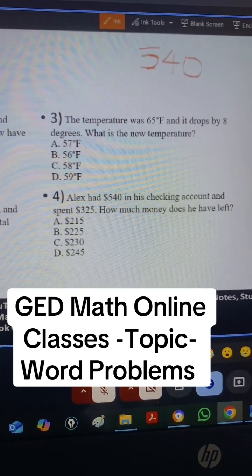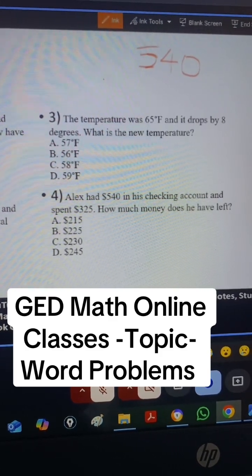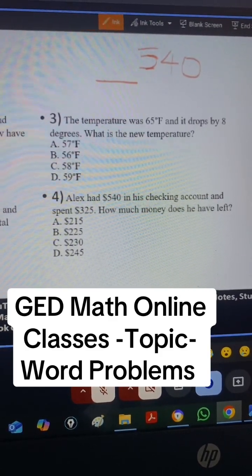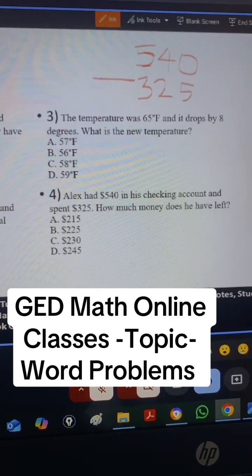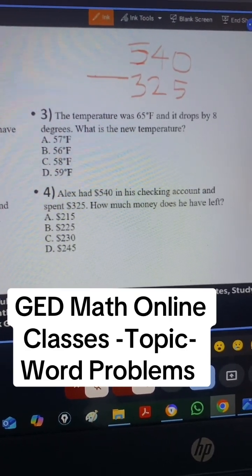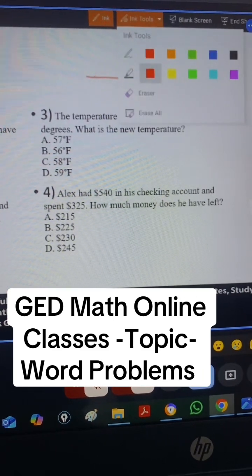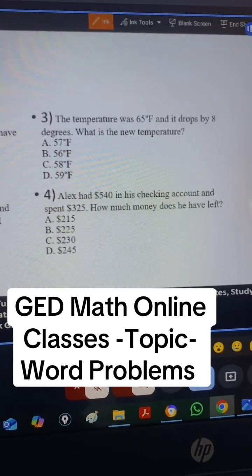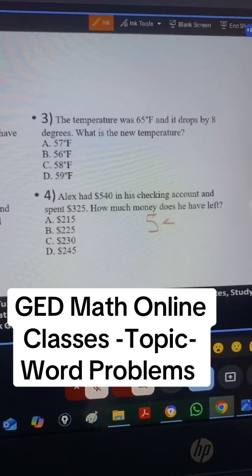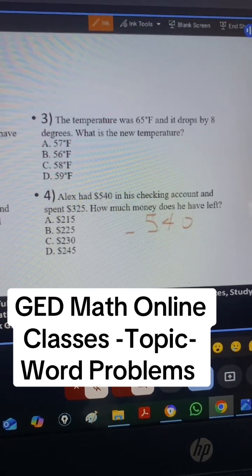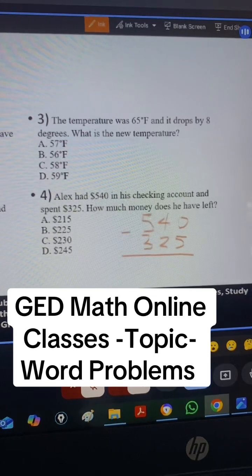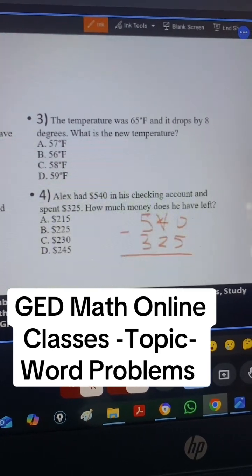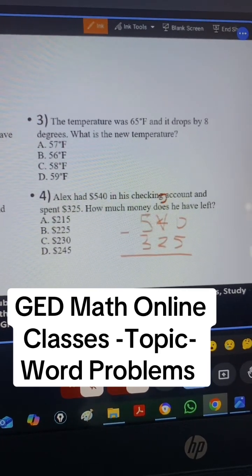So we just subtract 540 minus 325. Okay, so let me do it here to manage the space. So we have 540 minus 325. We borrow 1 from 4. 4 becomes 3.